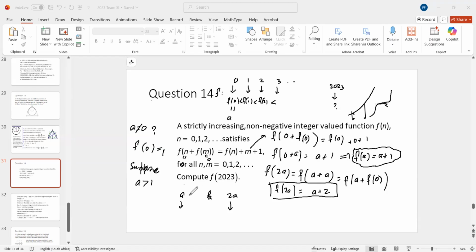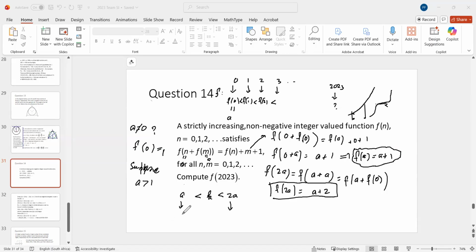See, if a equals 1, it doesn't work. a equals 1, and this will be 2. There's no integer between 1 and 2. But as long as a is greater than 1, there's always another integer strictly between these two. Right? If a is 2, k will be 3, because that's in between. And as you make a larger, there'll be lots of k's. So you have an integer like this, which is strictly between these two.